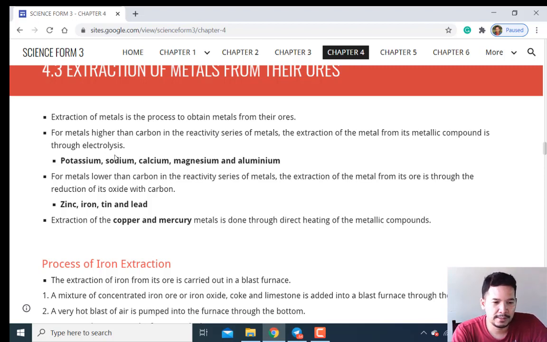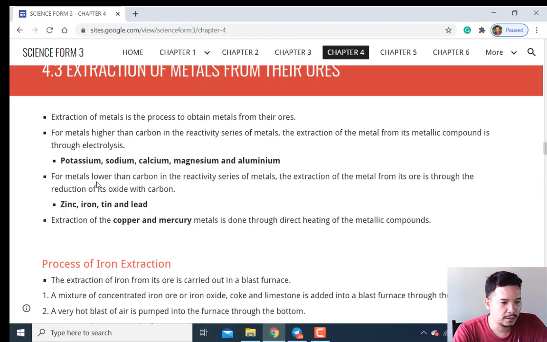Because as I mentioned earlier in 4.2, we cannot extract using carbon for metals higher than carbon in the reactivity series. So they can be extracted by using the electrolysis process.